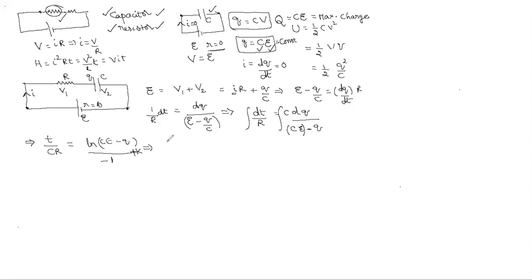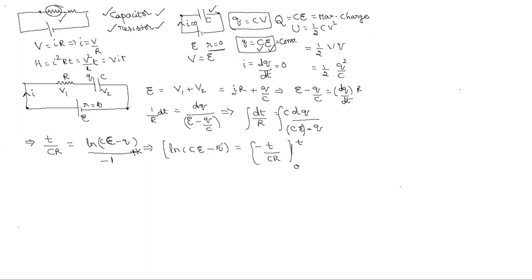Am I right? So with the definite integration, if I want to write, can I write log of CE minus q is equal to minus t by CR, after cross multiplication. Now I am going to substitute the limits without the indefinite constant K, from 0 to some time t.